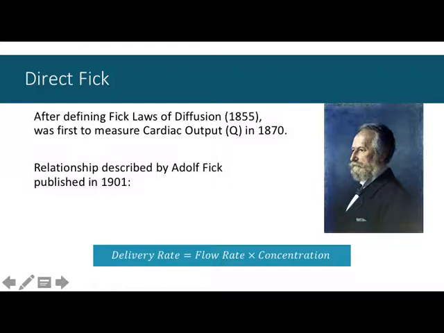Water's usually empty, but if you dissolve something in water, say a dye, the absolute gram amount of dye that you would see in the sink is how quickly you fill the sink times the concentration of the dye. Just measuring concentration doesn't tell you how much accumulates in the sink. So you need both of those things to figure out the net delivery of a substance.